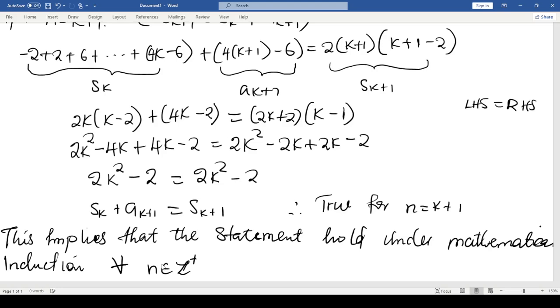So meaning that this holds for all n. So you can just put a small statement there, say hence proved, like this. Okay, let's look at another example then.